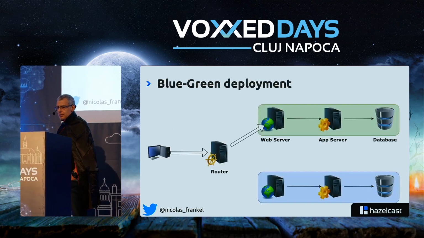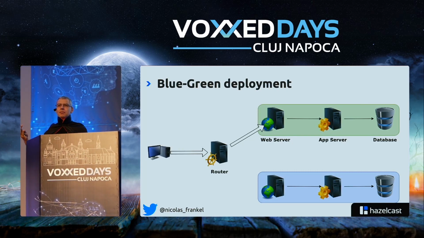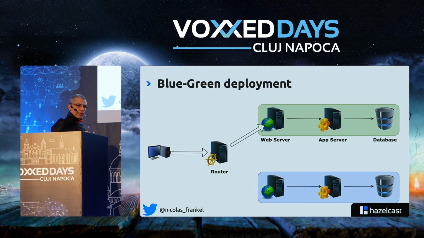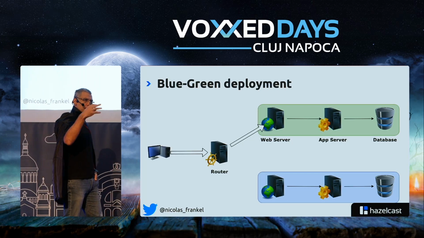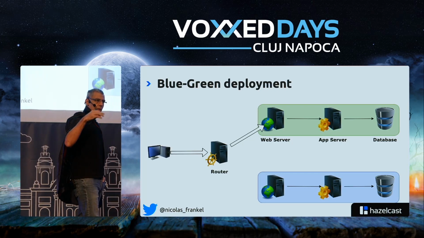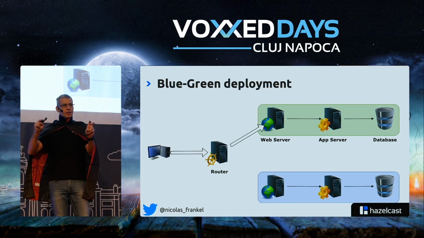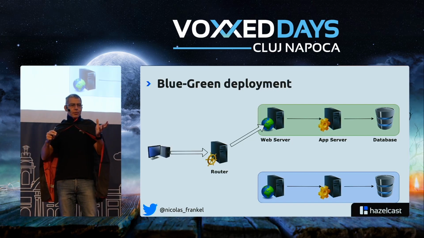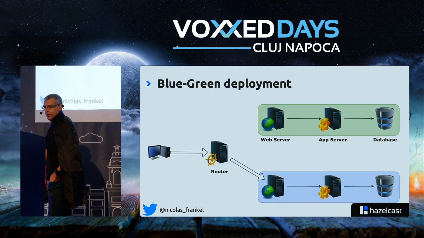And of course, everybody here knows how to do zero downtime. There is this old stuff called BlueGreen Deployment. You have two completely similar environments, one called blue, one called green. One of them is production, one of them is pre-production. And then when you want to deploy a new version, you just switch.